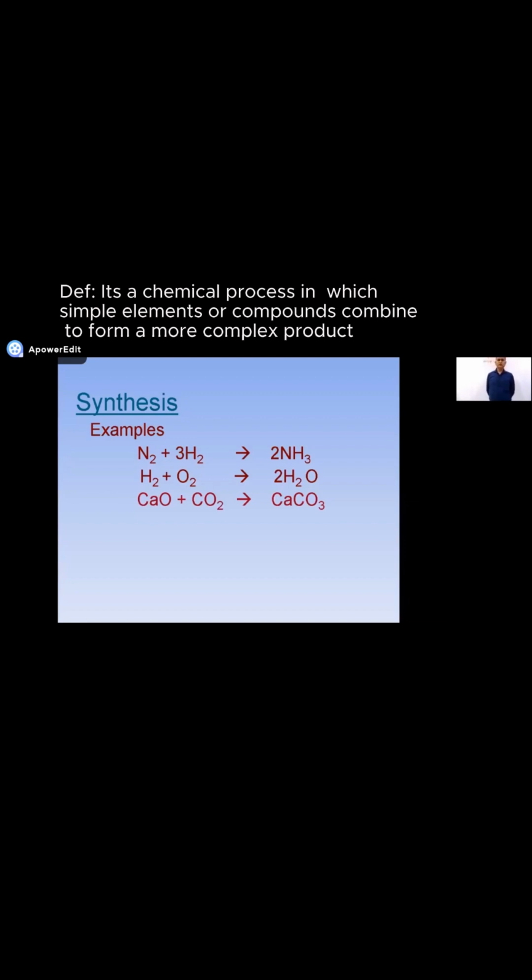And the next one: hydrogen and oxygen can combine together in special conditions to form water. So these are synthesis reactions.